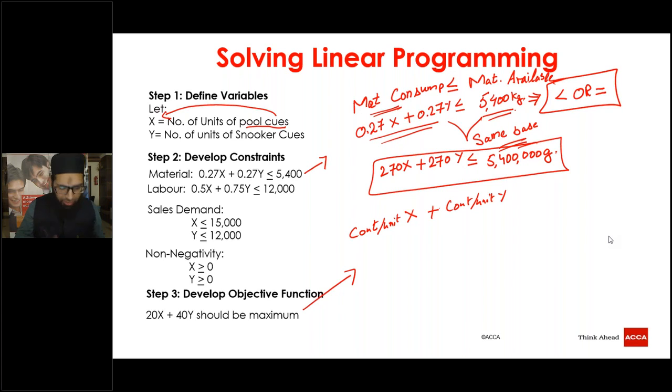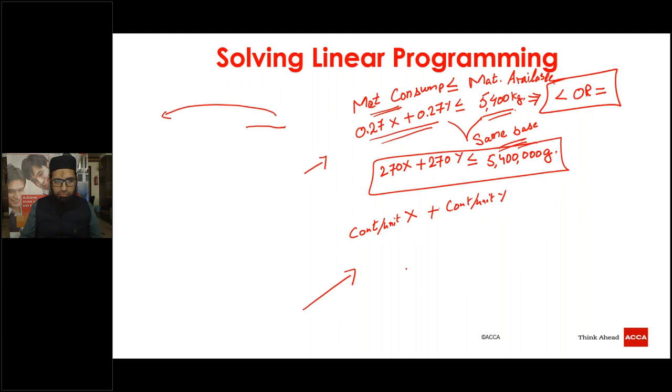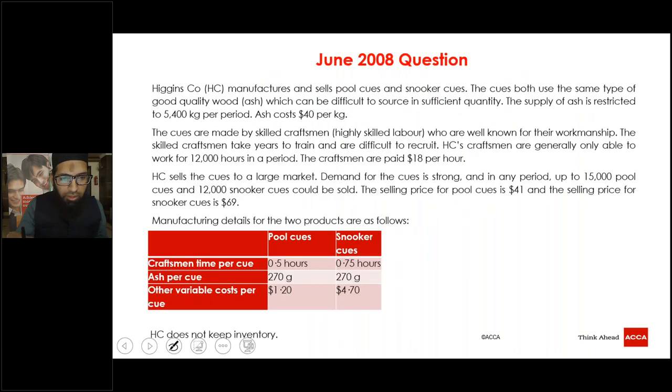So in this question, if I go back, the selling price of pool cue was how much? It was 41, and for the snooker cue it is 69.